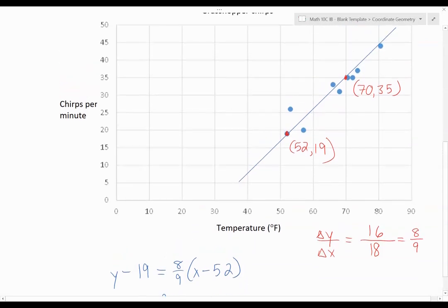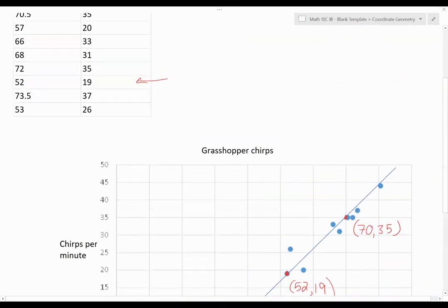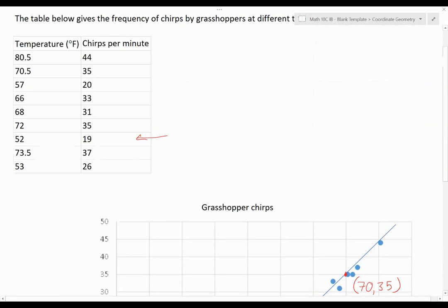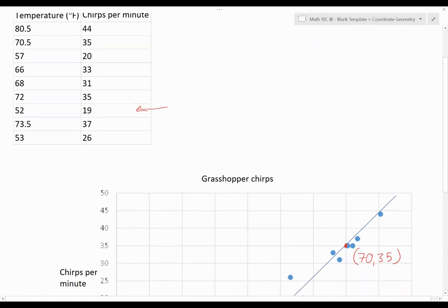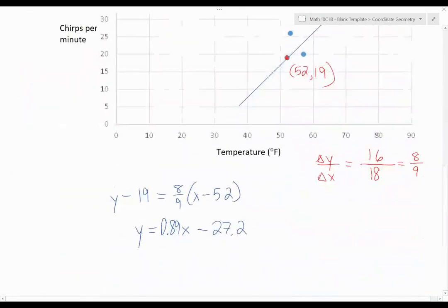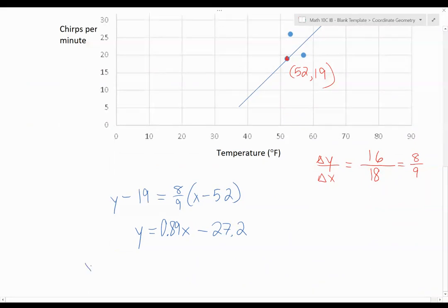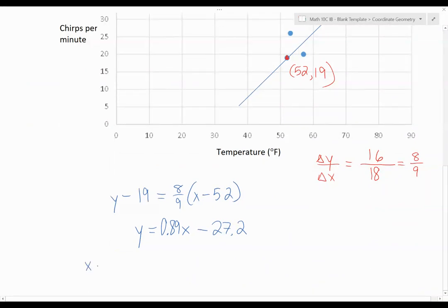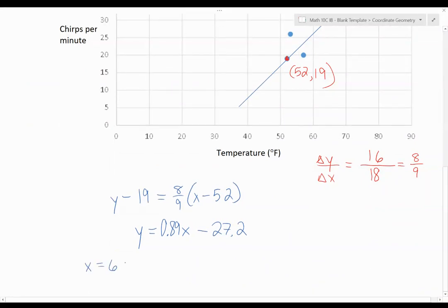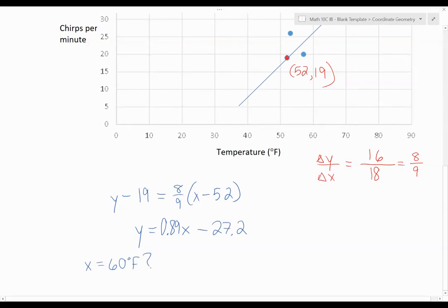If I say, what about if the temperature was 60? Notice I didn't have any data in my table for where the temperature was exactly 60 degrees Fahrenheit. But what if the temperature, which in this case I've represented with x, was 60 degrees Fahrenheit, what would I expect to get for the number of chirps per minute? For that, I would simply plug it into this equation.